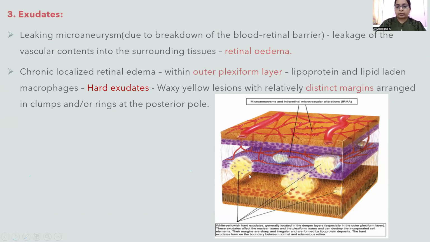These lipid-laden macrophages are what we call hard exudates. You see them as tiny yellow spots. They are also seen in the inner layers of the retina, in the outer plexiform or inner nuclear layer. Hard exudates are waxy yellow lesions with distinct margins. You have to know the term distinct margins, because there is another exudate, the soft exudate, which doesn't have a distinct margin.